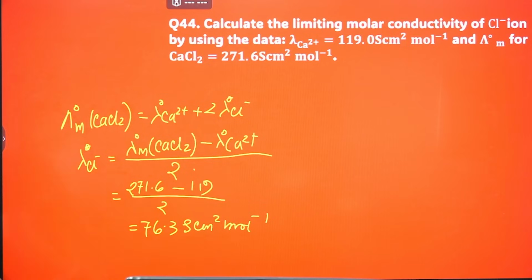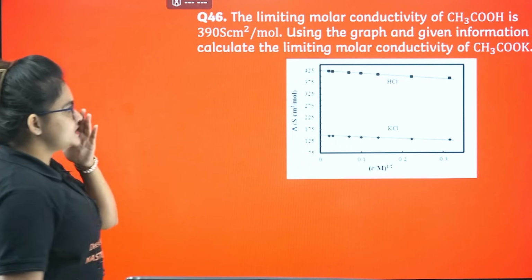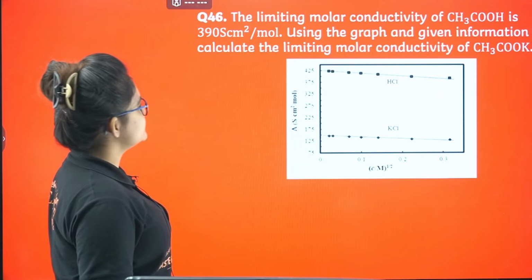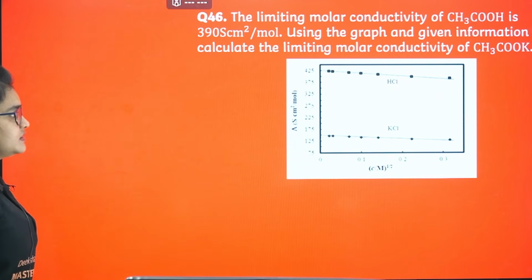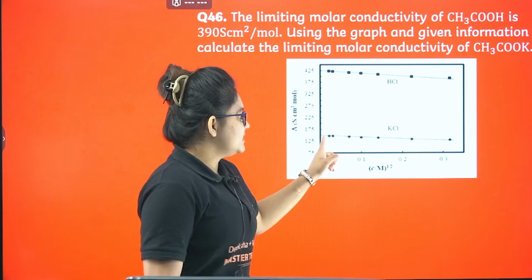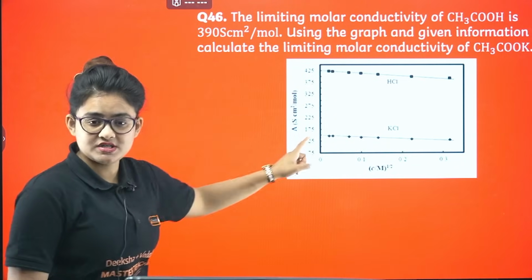I guess this is clear. Let's proceed. Okay, the limiting molar conductivity of CH3COOH is given. Using the graph and given information, calculate the limiting molar conductivity of CH3COOK. Okay, so from the graph I can get the limiting molar conductivity of KCl and HCl from the intercept, right?